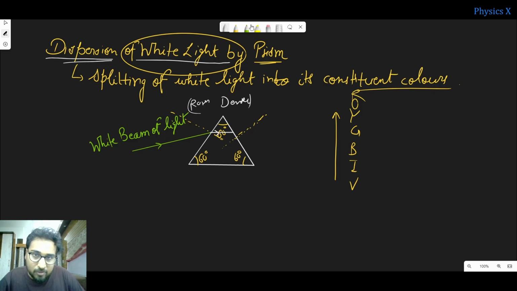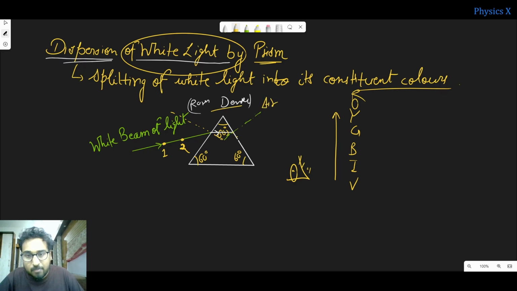Suppose I place two pins here: this is pin one, this is pin two. If you observe from here, the ray of light is refracted towards the normal. At this point of incidence, the normal is like this. Now the ray will bend away from the normal, because this is the denser medium and again there is air.